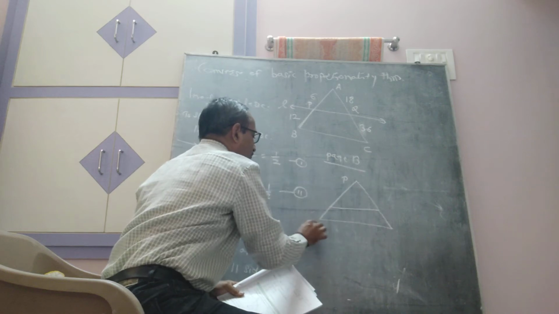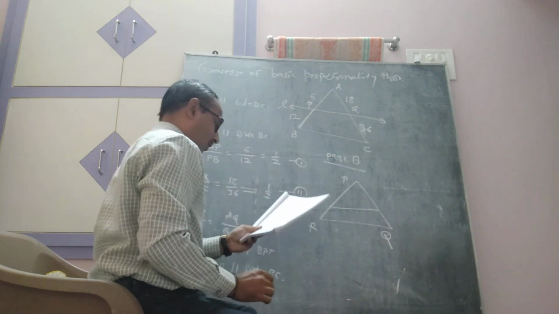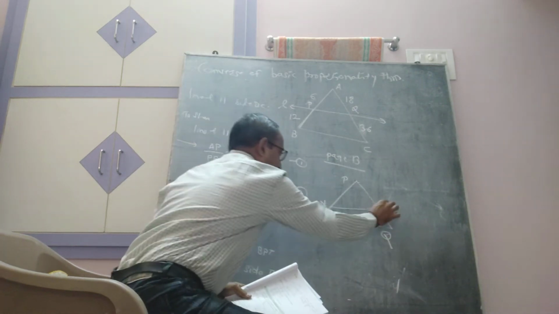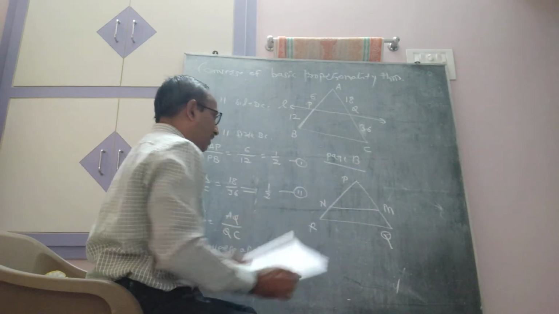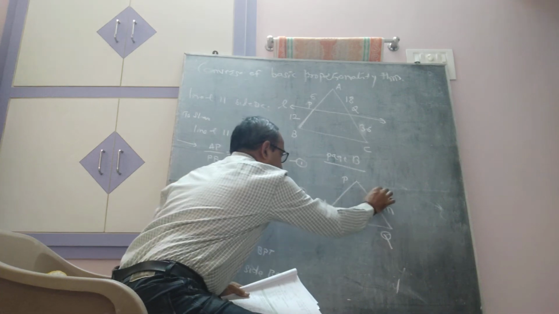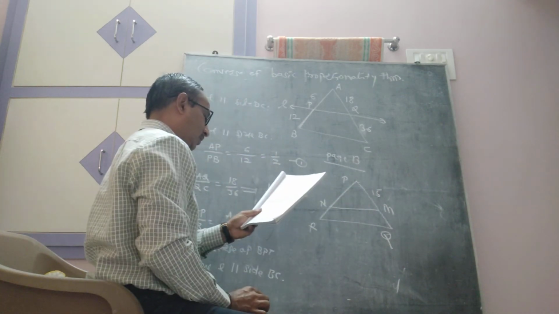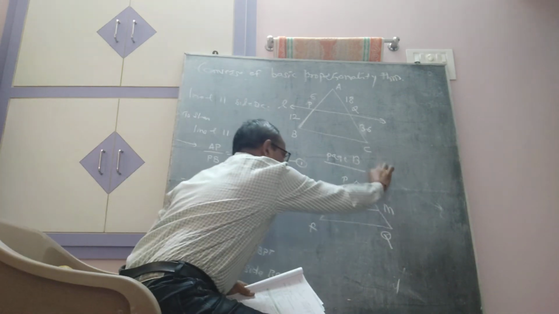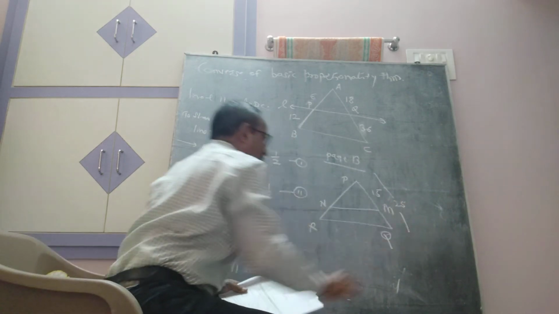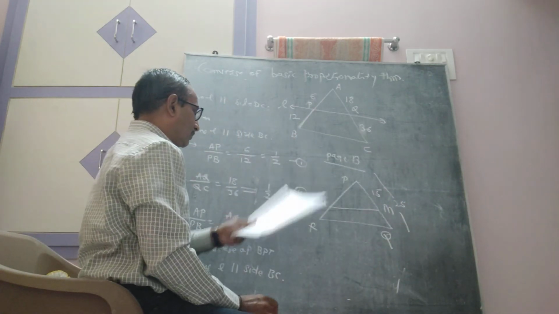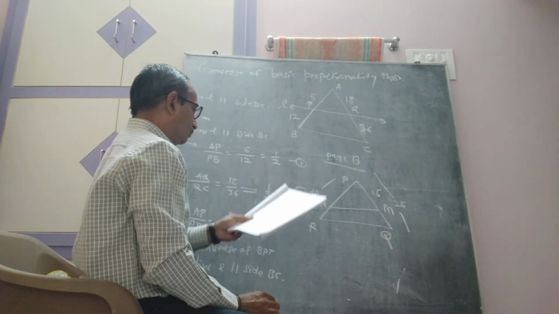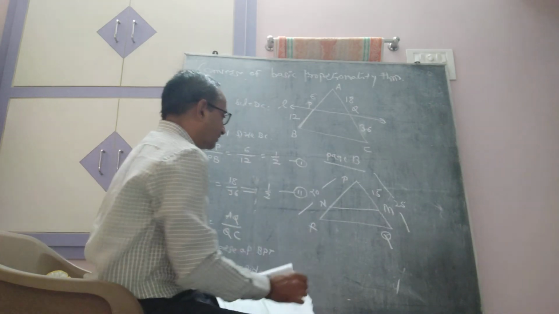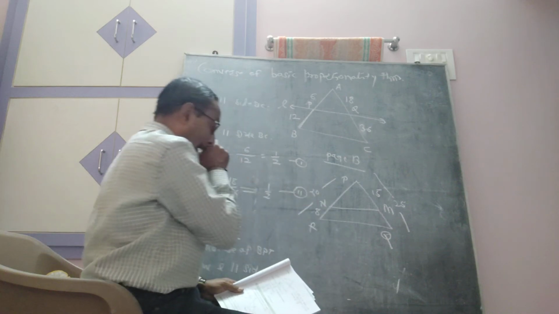In triangle PQR, PM is 15, PQ is 25, PR is 20, and NR is 8.